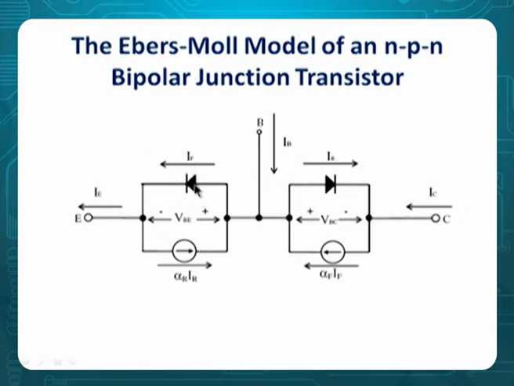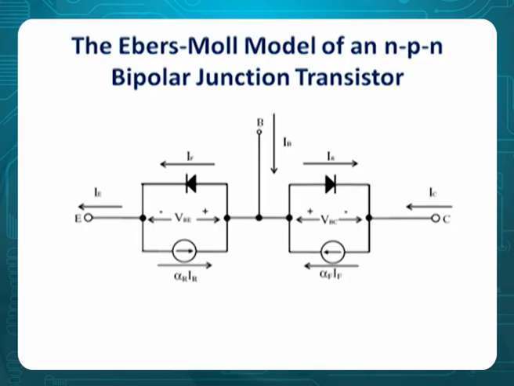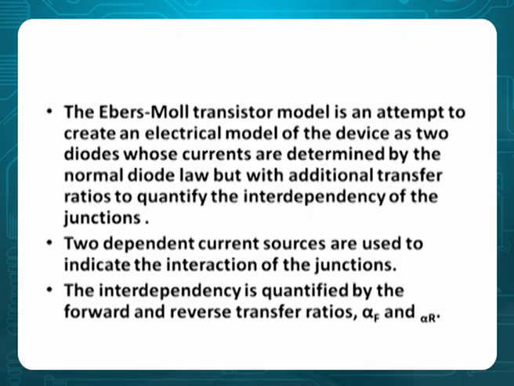This is a diode. This is a current source. IE is developing current here. IR is developing current here. That's why we say the transistor has input, output, output, input. Then, if these are the equations, how do the current equations come? So the Ebers-Moll model is basically trying to understand whether we can operate the transistor in reverse operation.